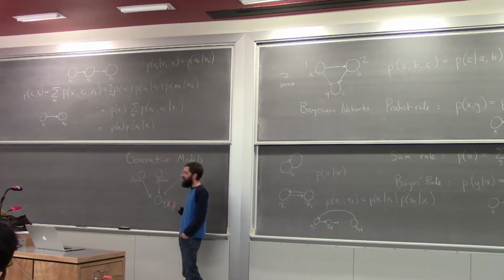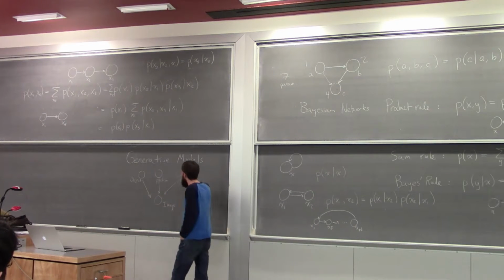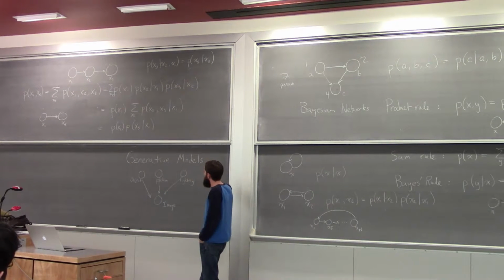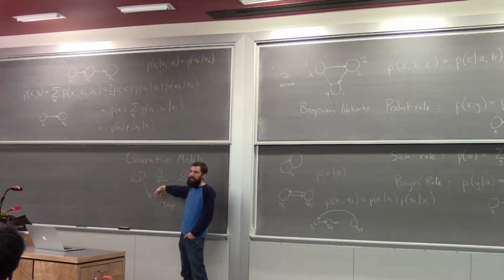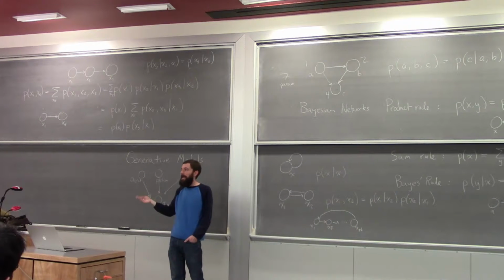Anyway, the idea behind generative models is that I need to give you a model that's complex enough to generate realistic data. Now, depending on what kind of data you have, that can be a really easy problem or a really hard problem.